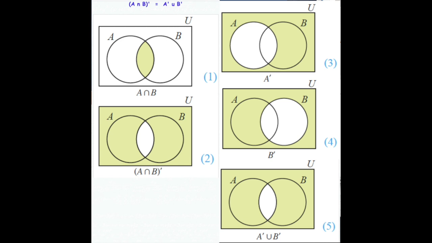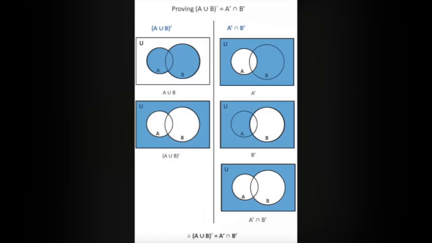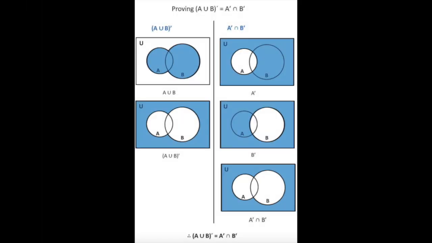The same thing is true for the other one of De Morgan's laws, where you're looking at not (A or B). The way you find that is to take A or B first and then negate it, which is what the first 2 pictures are in the left column.